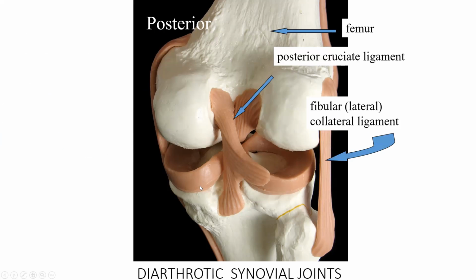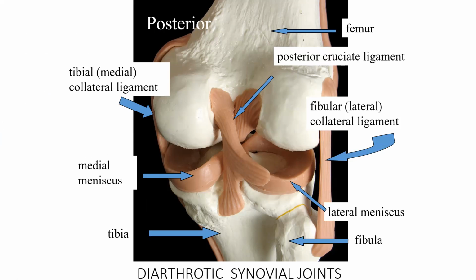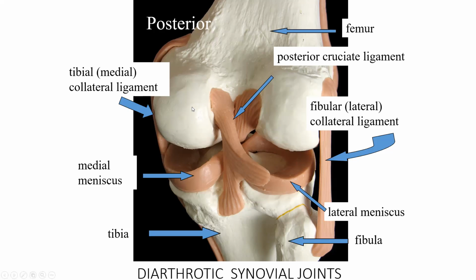This is the fibular ligament. And on the other side, there'll be a tibial ligament. There's the lateral meniscus, the fibula, the tibia, the medial meniscus, the tibial ligament, and then that was the medial condyle of the femur right here, and the lateral condyle of the femur here, and the medial and lateral condyles of the tibia.